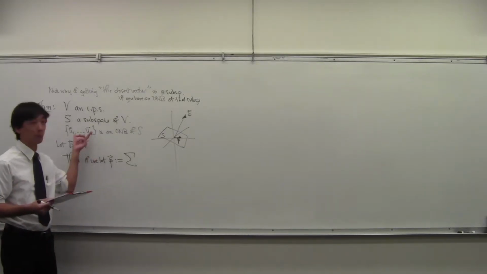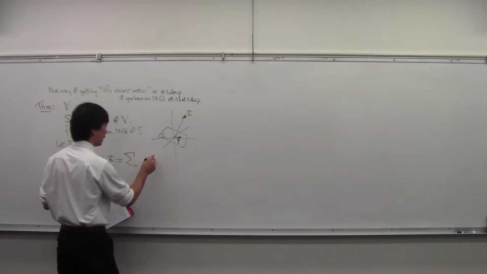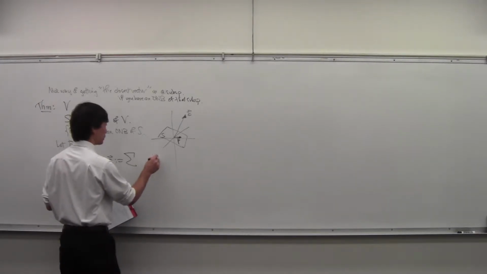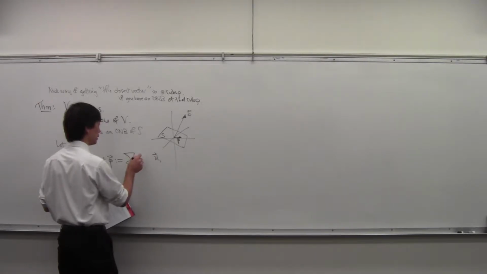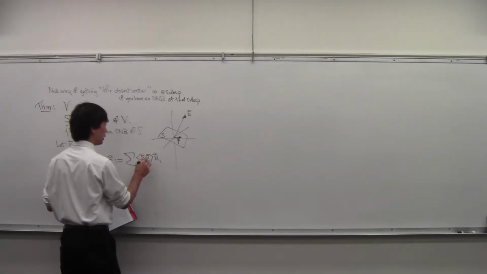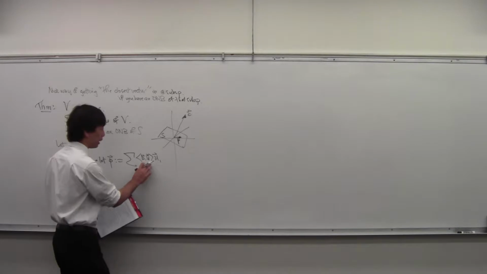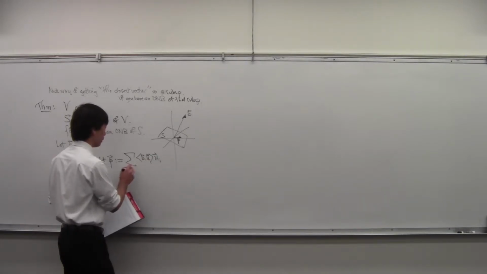You use the orthonormal basis. What you do is you take U1, and you take the inner product of b against U1, and then use that amount of U1, and you do that for every element in the orthonormal basis.